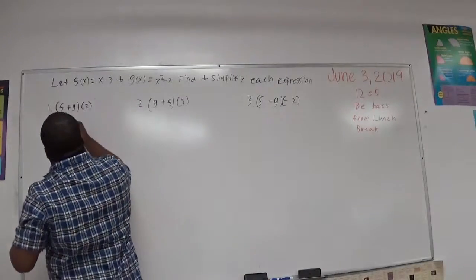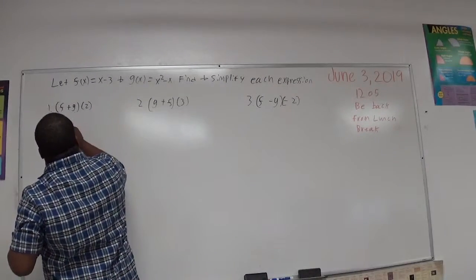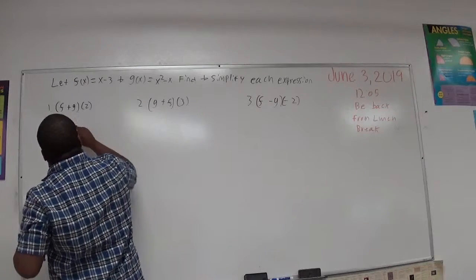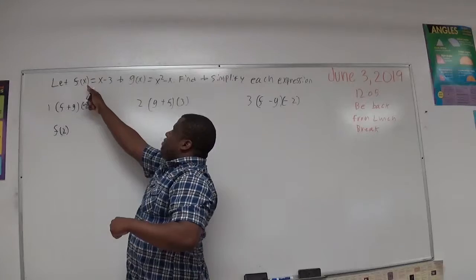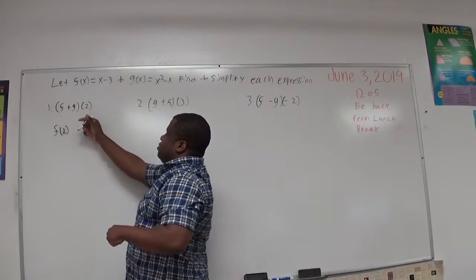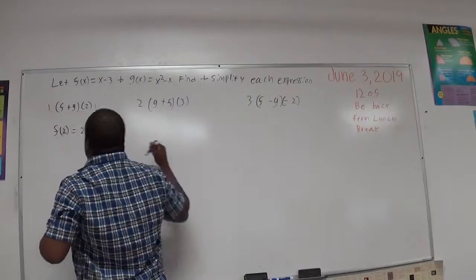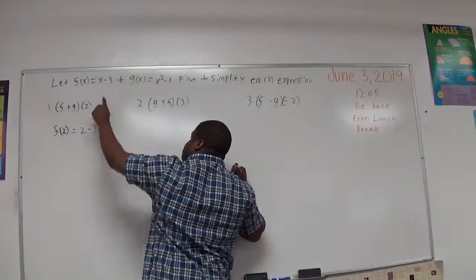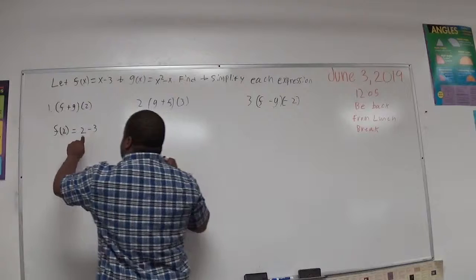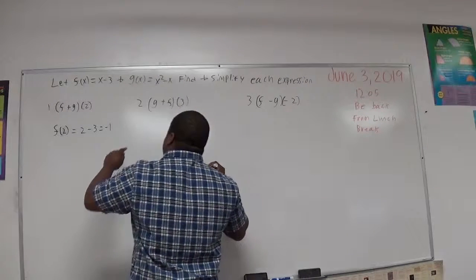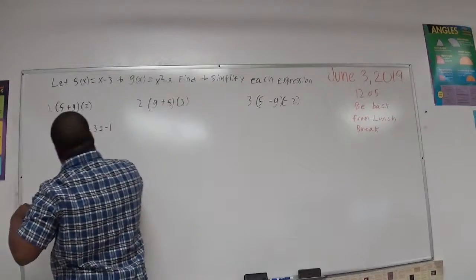So my first term with f of 2, so I'm replacing the x value with the number 2 to have 2 minus 3. So everywhere I see an x, I'm just going to plug in 2. So now I have 2 minus 3, which equals negative 1. Now I'm going to do g of x the same.